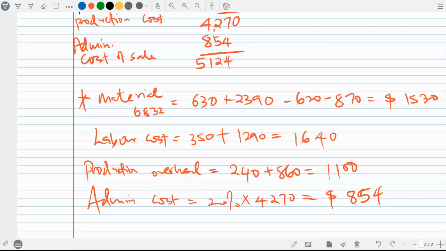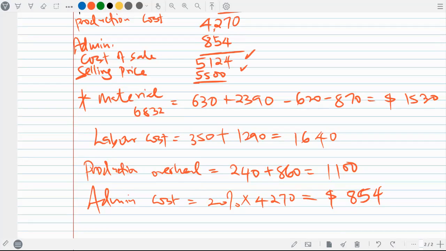The customer paid 5,500 for the job, therefore the selling price or invoice for this particular job was 5,500. You can see the cost was 5124. The amount received from this unit was 5,500, therefore there's a profit made.